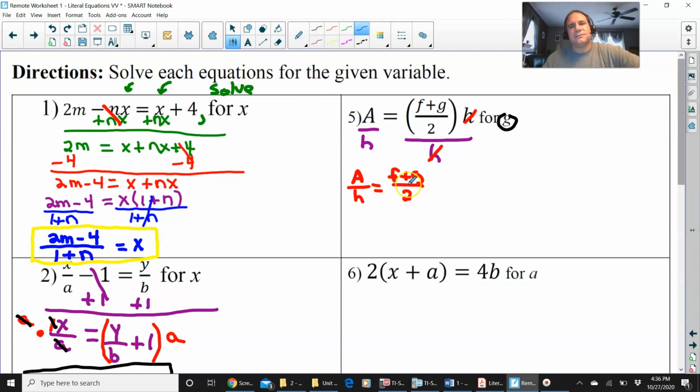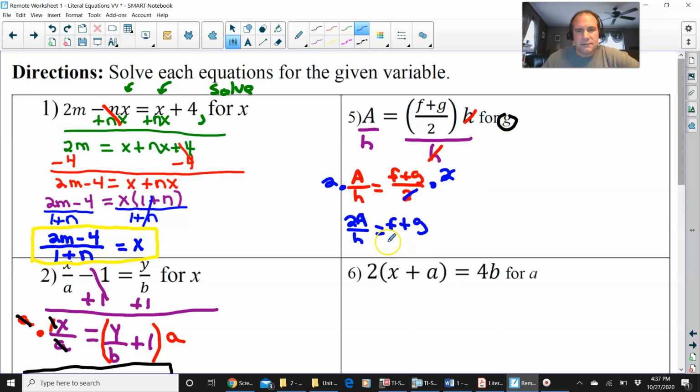I want to get this 2 out of there. So I'm going to multiply by 2. It's kind of like doing the reciprocal because this cancels, this cancels. And on this side you have 2 times a, which is 2a, over h equals f plus g.